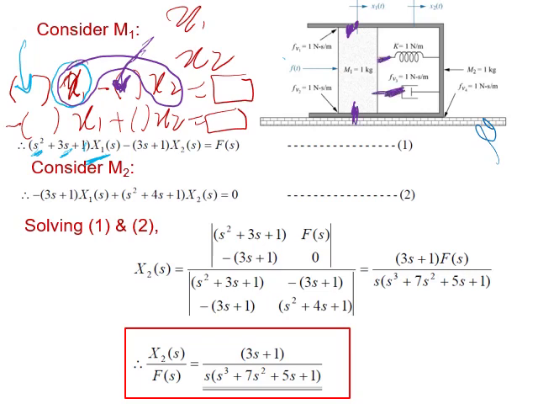These are the elements linking x1 to x2. So we will put them here: 1, 2, 3, so that means 3s plus 1. That's how we get the total impedances between 1 and 2.